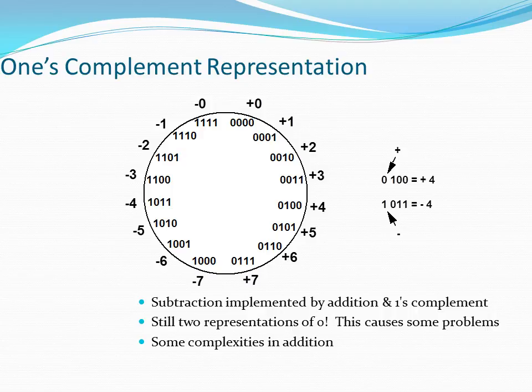In this case also we have two representations for 0, one positive and another negative. Observe that plus 0 to plus 7 is the same as in sign magnitude representation. One important thing is that for positive numbers, sign magnitude and signed ones complement have the same representation. But for a negative number, we get the binary representation by complementing the positive number.